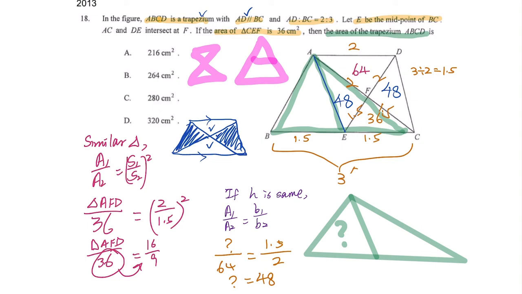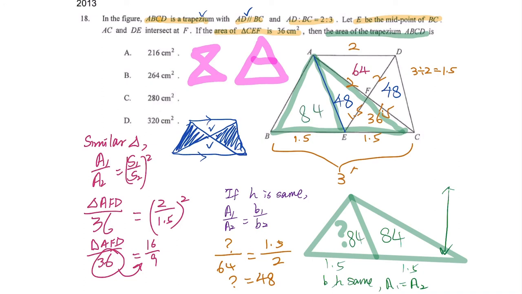What is that, by the way? 48 plus 36 should be 84. This is 1.5. This is also 1.5. Yeah, their heights are the same, right? Remember? How about their base? Yeah, they're also the same. So if both the base and height are the same, then obviously their areas are also the same, because the area formula is based on base times height divided by 2. Okay, so this is also 84.